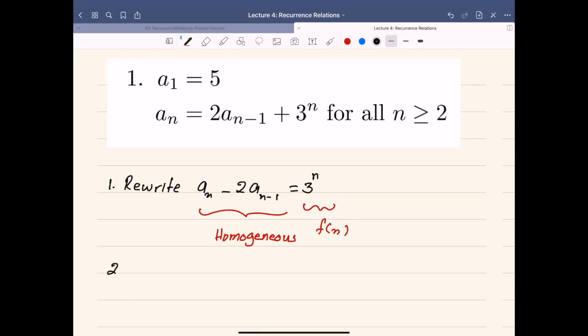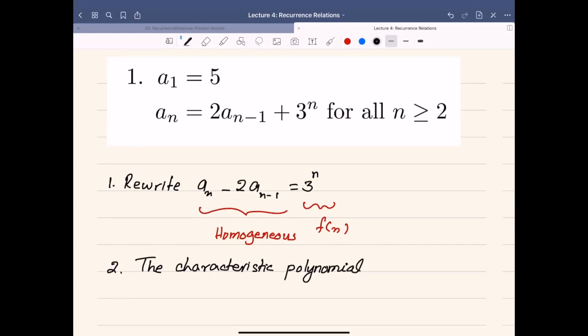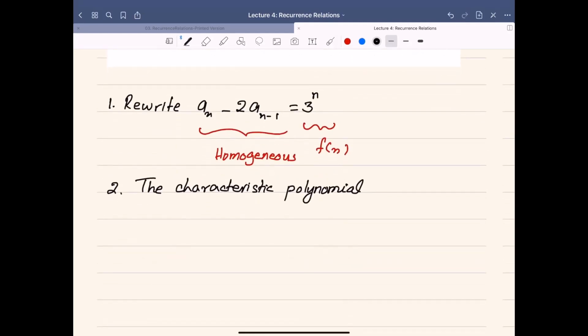Step number 2, the characteristic polynomial. And how to find it? First, we will find it from the homogeneous part, which is x minus 2.